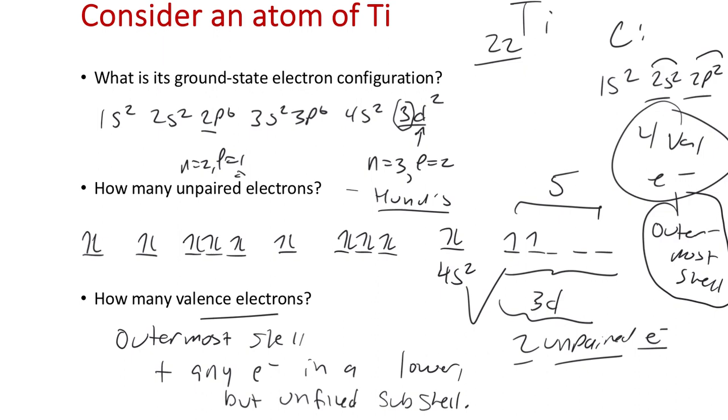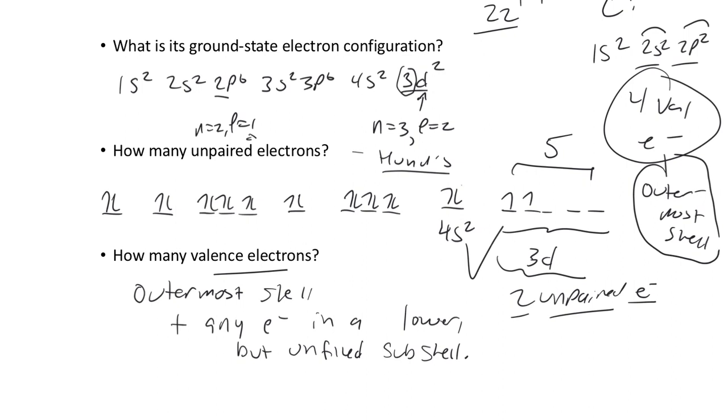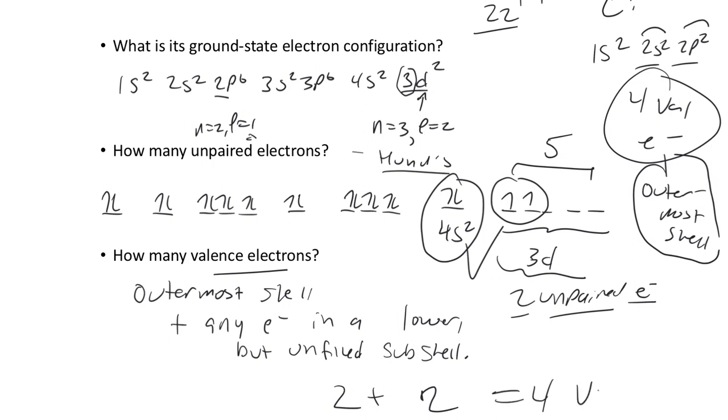So we want to count the outermost shell. The outermost shell would be 4, because that's the outermost n value for all the electrons in titanium, that 4s2. So I'm going to at least have those 2 electrons as part of the valence. Then I want to add these 2 electrons in too, because they're part of an unfilled but lower n value subshell. So I come up with a total of 4 valence electrons for titanium.